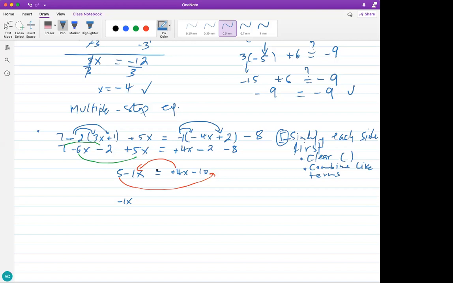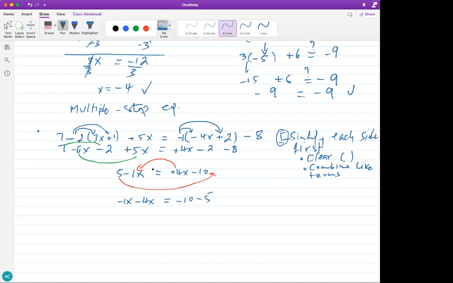If we move something to the other side of the equal sign, just change the sign. It becomes -4x. Positive becomes -4x. And this 5, if you move it to the other side, it becomes -5. So this is a faster way. You do both at the same time.